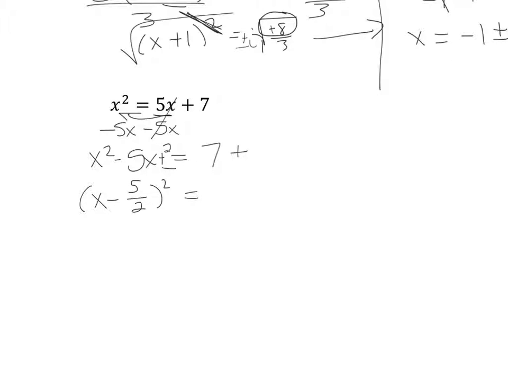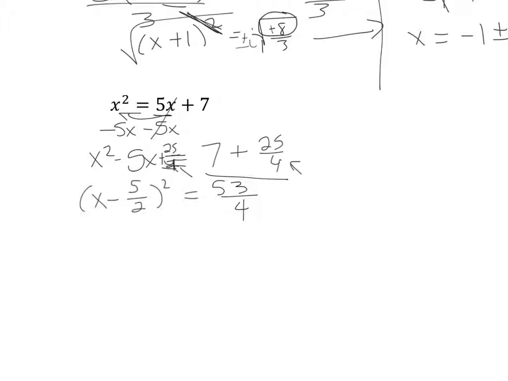And then I square it, so it's 25 over 4, and 25 over 4. So remember, when you're squaring to put it in this spot, just square the 5, square the 2, and just put them there. And then when you add these two, you get 53 over 4.